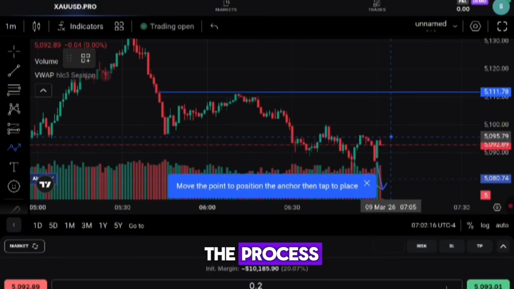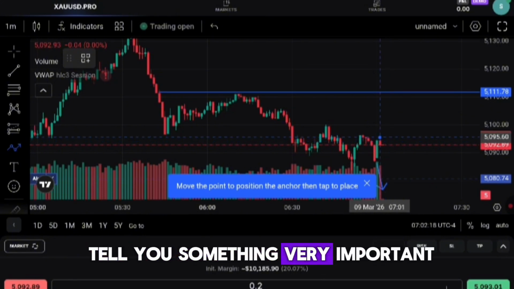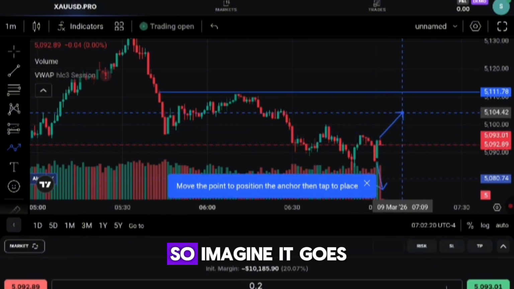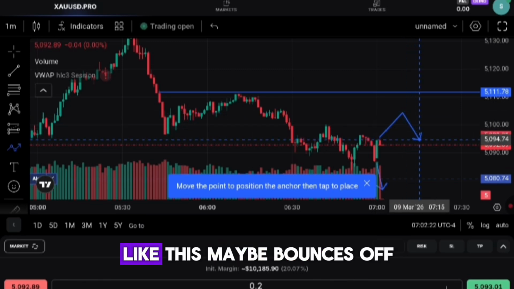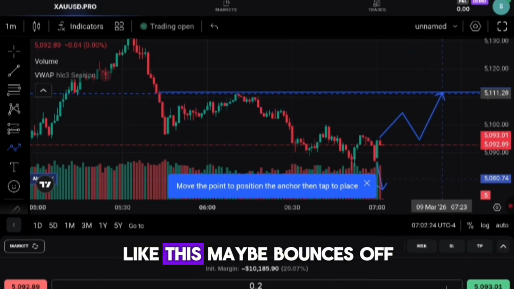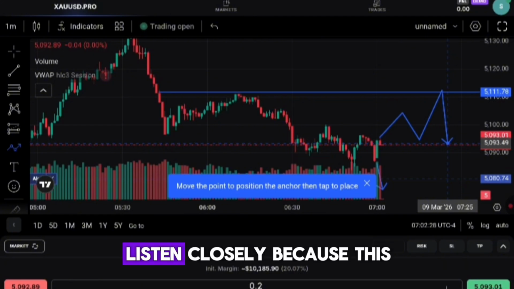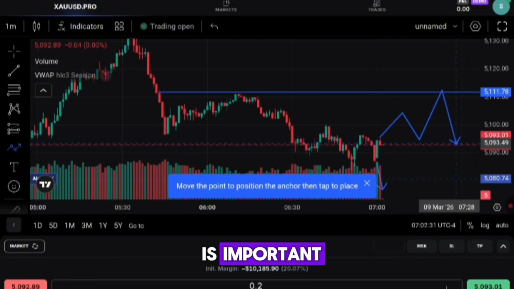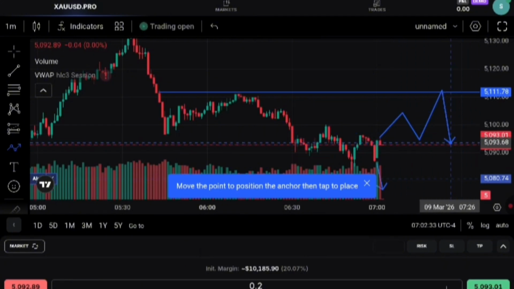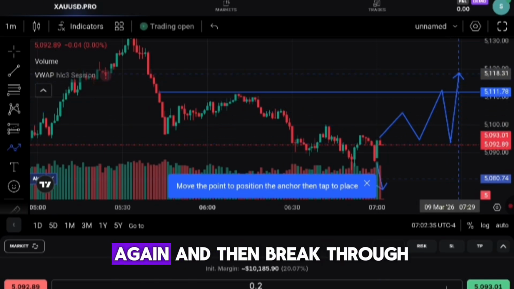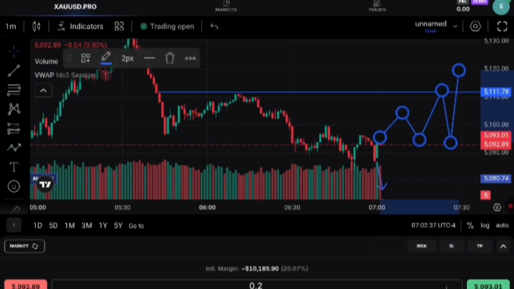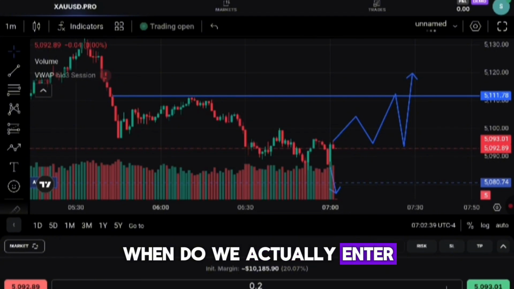Just don't rush through the process because I have to tell you something very important. So imagine it goes like this, maybe bounces off one more time, could be a false breakout. Listen closely because this is important. Possibly, and then bounce back again and then breakthrough. When do we actually enter?